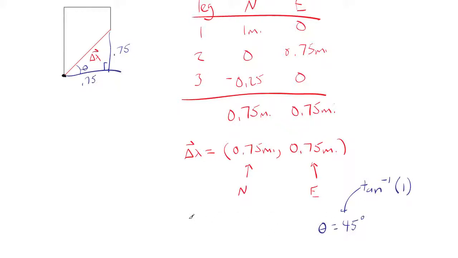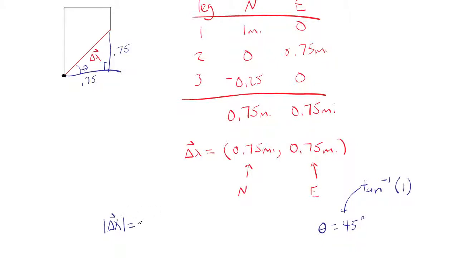In addition to this angle, I need to find the magnitude of my vector. The magnitude of my vector is the length of the hypotenuse of this triangle. So using the Pythagorean theorem, I can find the magnitude of delta x, which is written like this. I put these two bars around the outside of my vector. That says the magnitude, ignoring the direction.